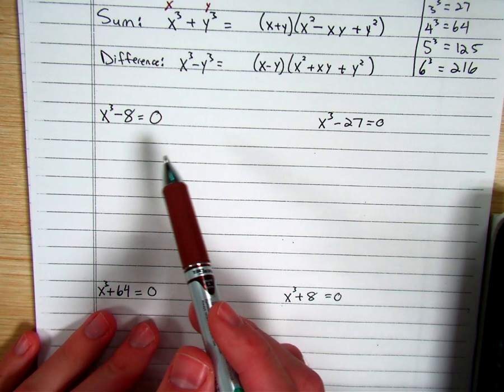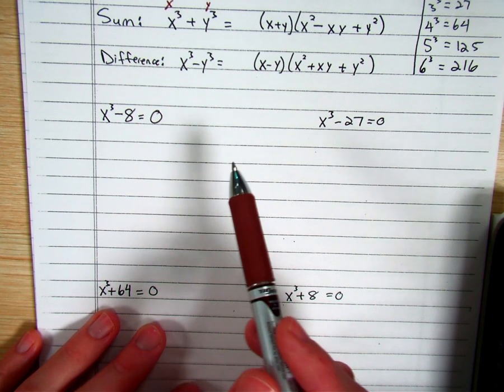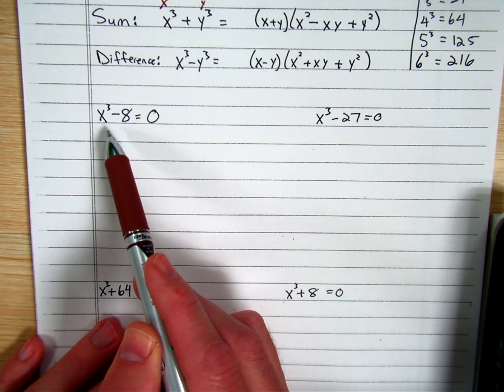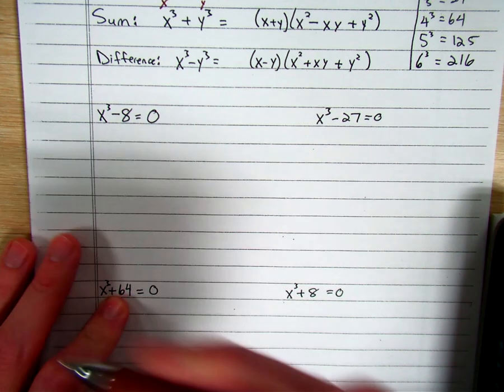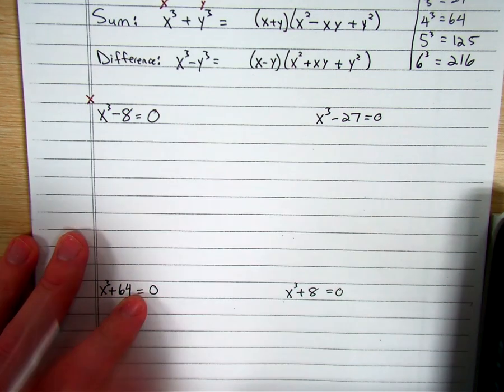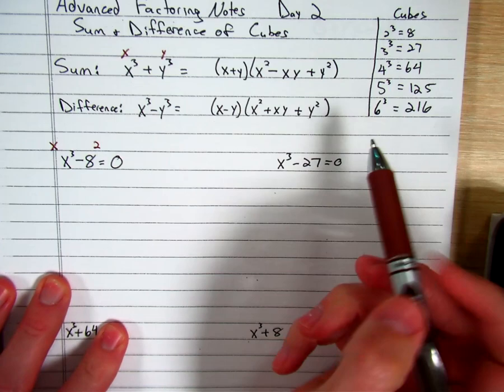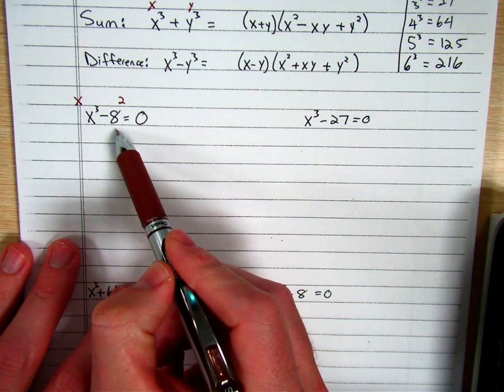So let's look at x to the third minus 8. What is being cubed? X is being cubed, and 2 is being cubed. We got a little list of cubes up here. 2 is being cubed to get to 8.